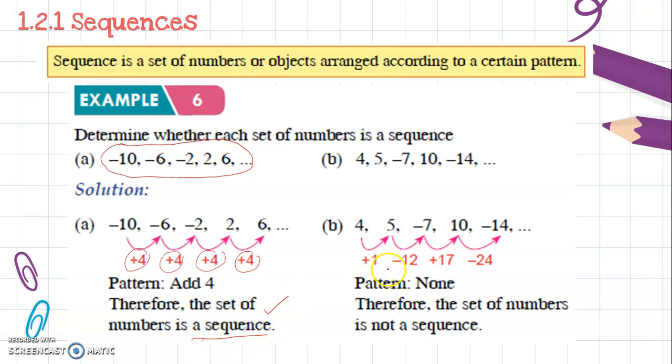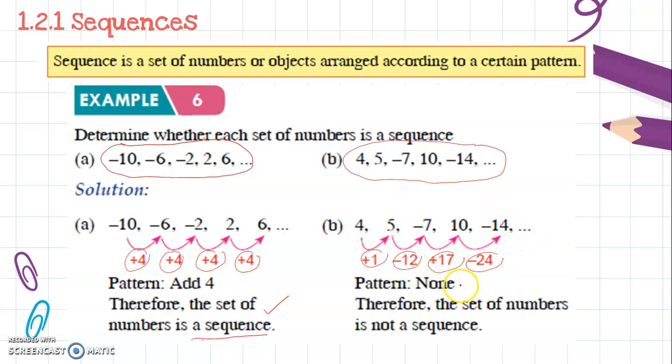Okay, if you look at B, you cannot see any pattern involved for this set of numbers. So this is a set of numbers, not a sequence.